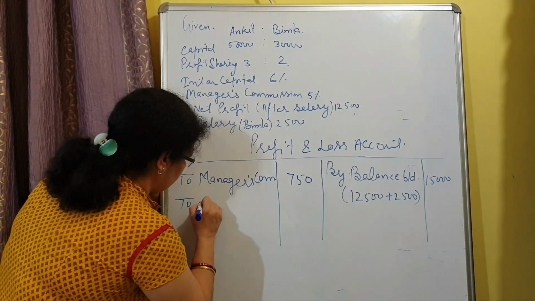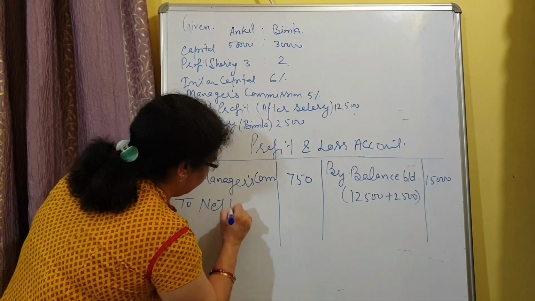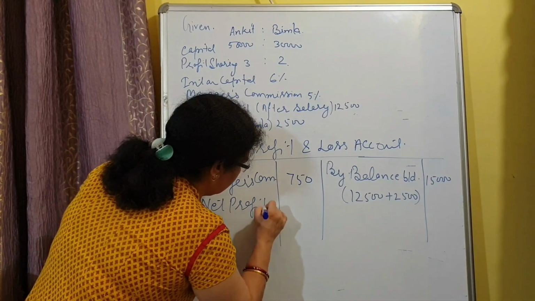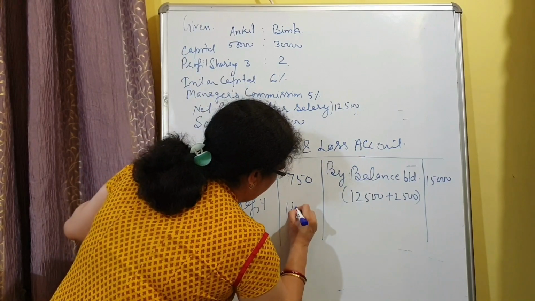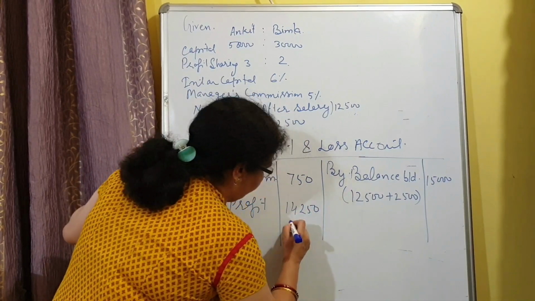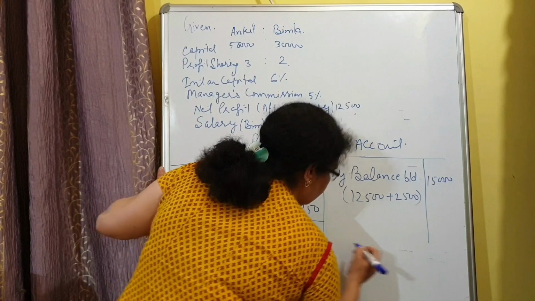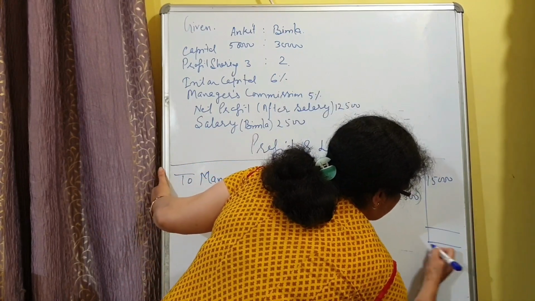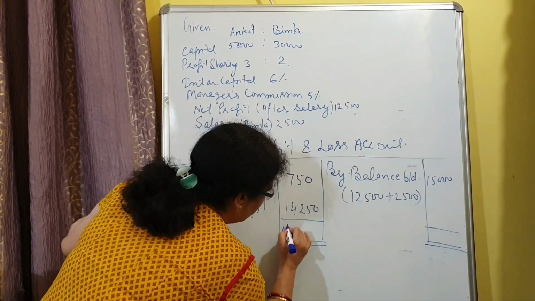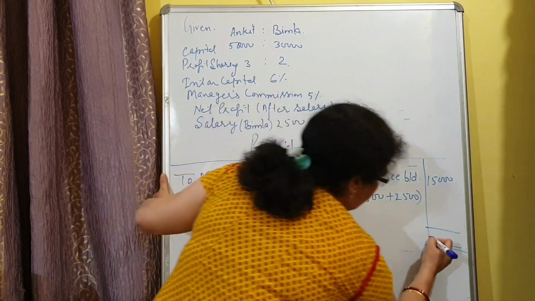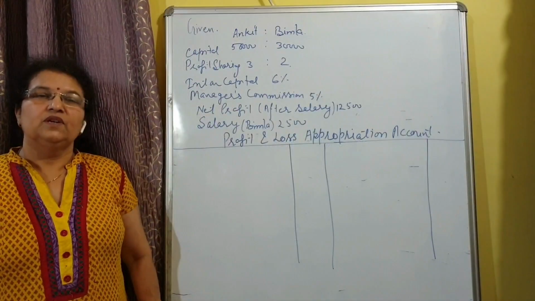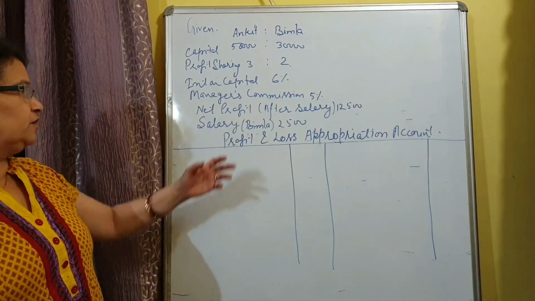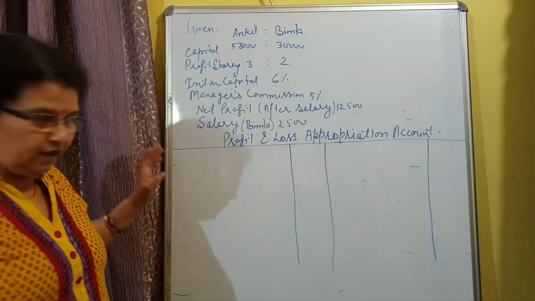To net profit, which is 15,000 minus 750, meaning 14,250. It should be transferred to the profit and loss appropriation account. Now the total should be 15,000.